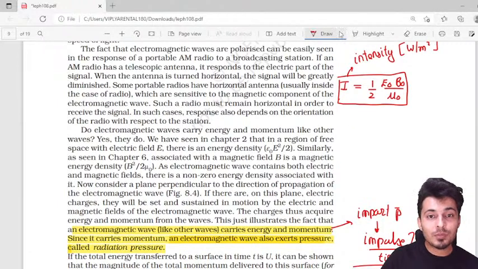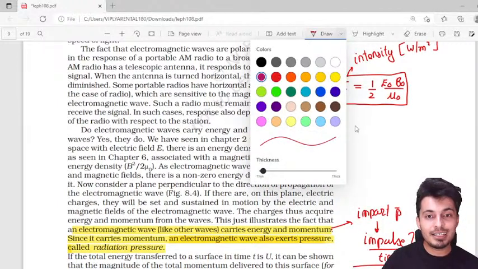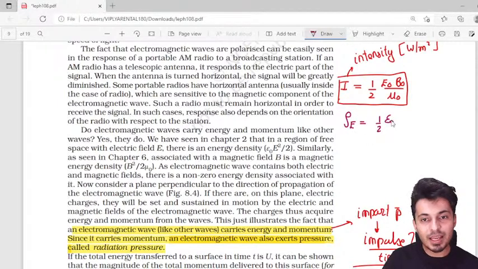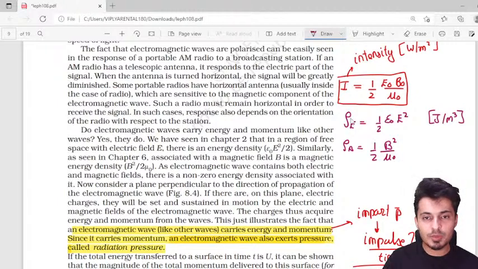Energy density. Do you remember the formula for energy density for both magnetic field and electric field? Energy density for electric field is half epsilon naught E square. This is joules per meter cube unit wise energy density. And energy density of magnetic field is half B square by mu naught. This is again joules per meter cube.